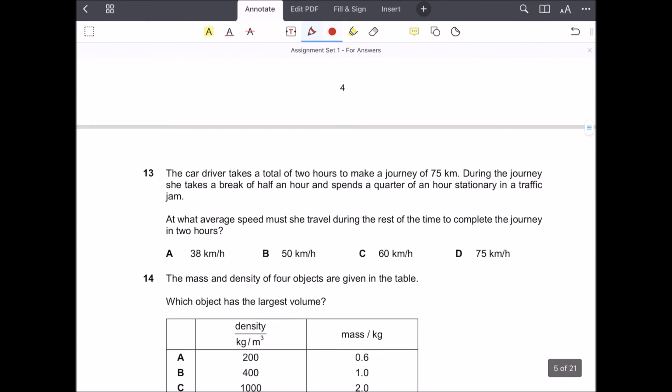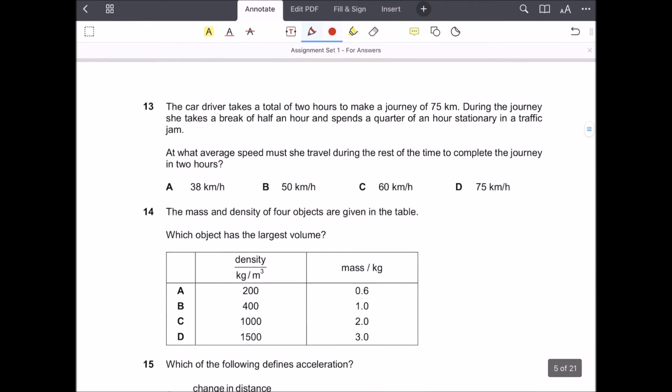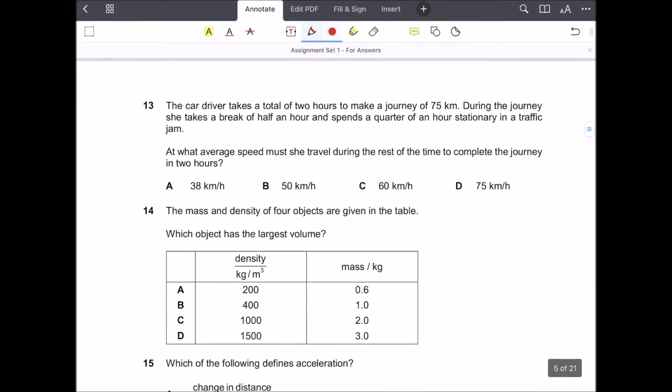Let's take a look at question number 13. Question number 13, they told you the total time is 2 hours and it makes a journey of 75 kilometers. So the 2-hour journey is then used up for breaks, traffic jam, and of course the actual travel in the car. So now they ask you what is the average speed that she must travel. So now I must know how long the car is actually moving.